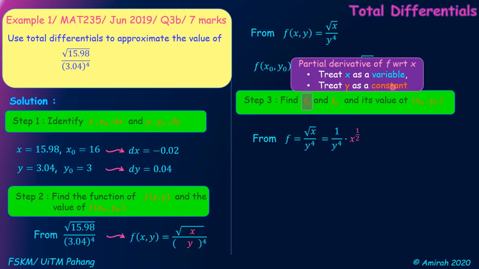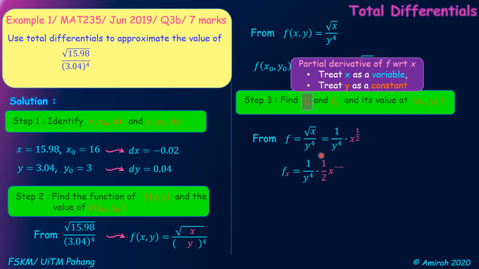So we can separate variable y and variable x and write 1 over y to the power of 4 times x to the power of half. We need to rewrite the square root of x as x to the power of half using the properties of roots, because x is a variable, so we need to differentiate.